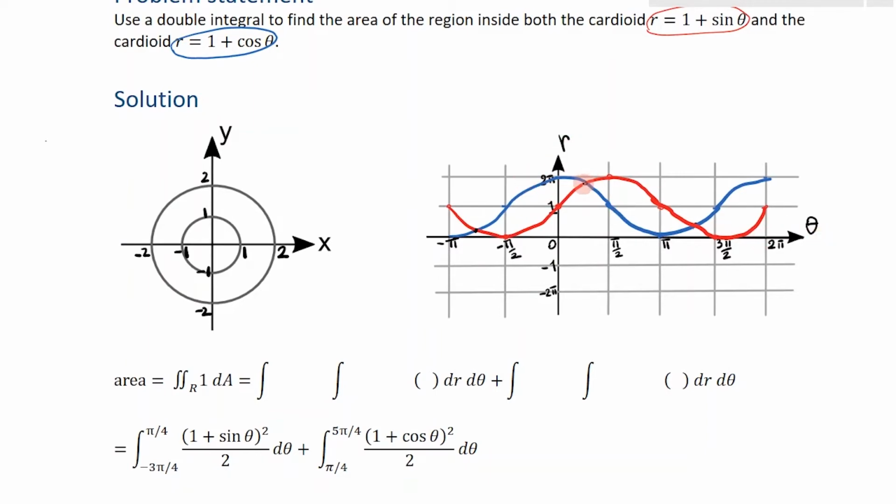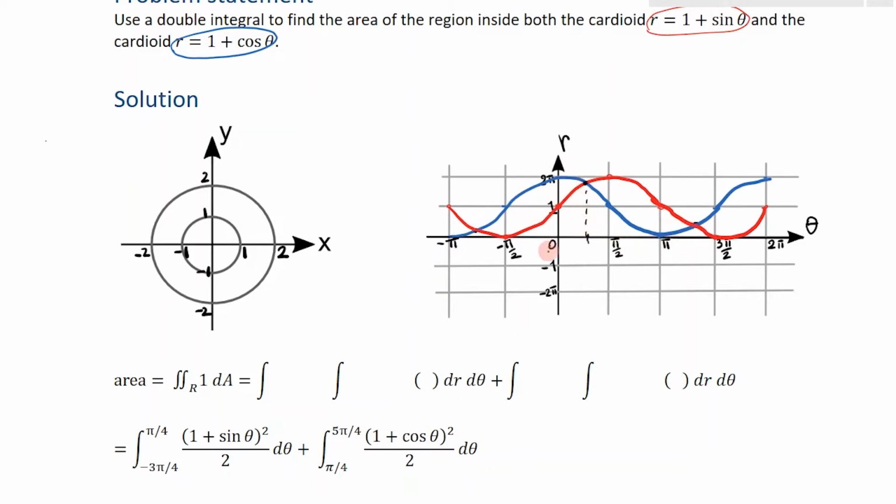A point can also be at negative r and theta shifted by pi radians, and it would look different, but it would actually be the same point. But in this case, we don't need to worry about it since r is positive for both cardioids. Anyway, we just need to figure out what this point, this point, and this point are.